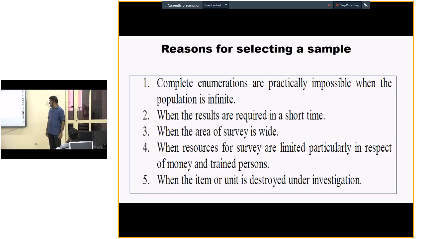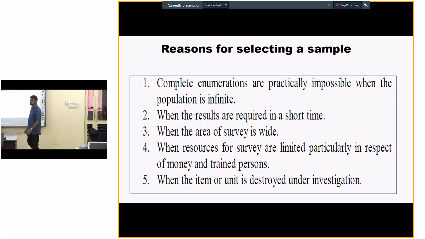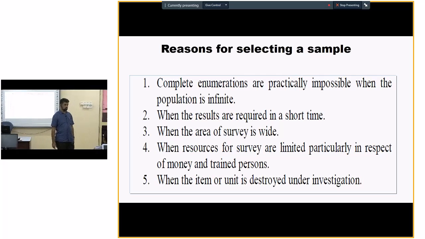When the item or unit is destroyed under investigation, like this one, right? If we need to test the lifetime of the bulb, practically we cannot manage that type of census. Then definitely we have to select a sample. For every 1000 productions, we can select one unit of the output, right?